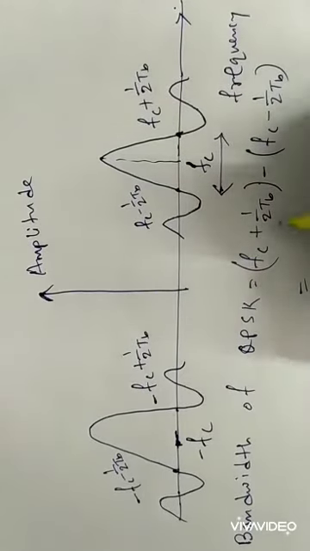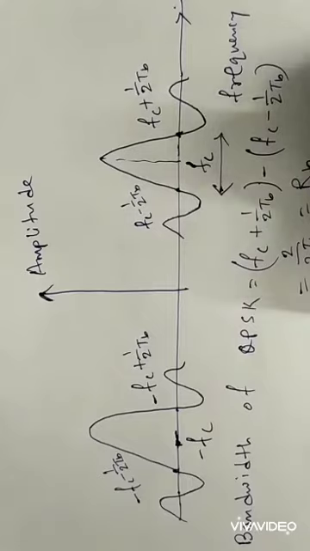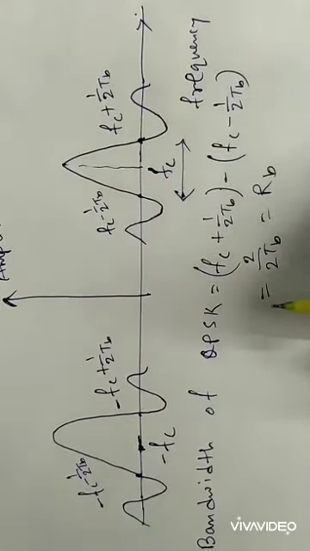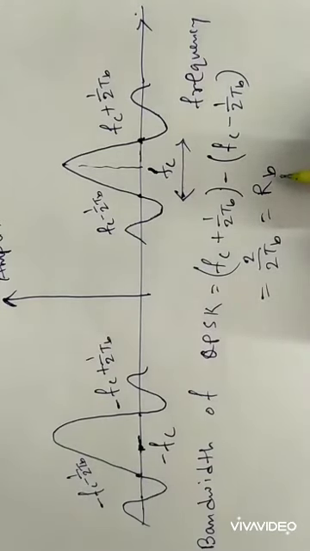That should be 2 by 2 TB, so that is 1 by TB, which is RB, the data rate. So the bandwidth for QPSK is RB, whereas we have already calculated that the bandwidth for phase shift keying is 2 RB. So the bandwidth needed for QPSK is half of the bandwidth needed for phase shift keying. This is the biggest advantage of QPSK over binary phase shift keying.